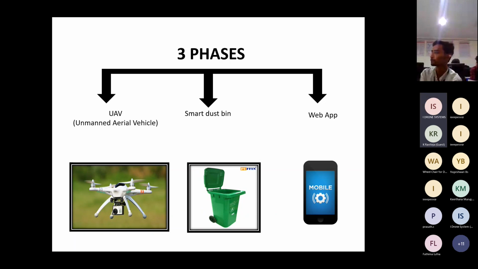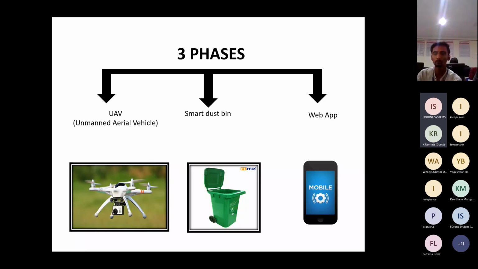Coming to the first phase, we have the UAV, which is familiarly called an unmanned aerial vehicle. We have integrated this vehicle with a hotspot and a 360 degree camera. And we have another phase, that is the web app.